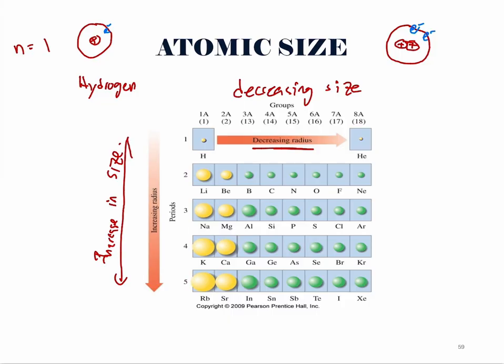Because we have the same distance on this energy level, but the number of positive charges in the center has gone up, it contracts. It's like a soccer ball, and inside the soccer ball you have something that's pulling on the outside of the soccer ball. If you add more of that stuff in the center for a given size soccer ball, it's going to contract it more.